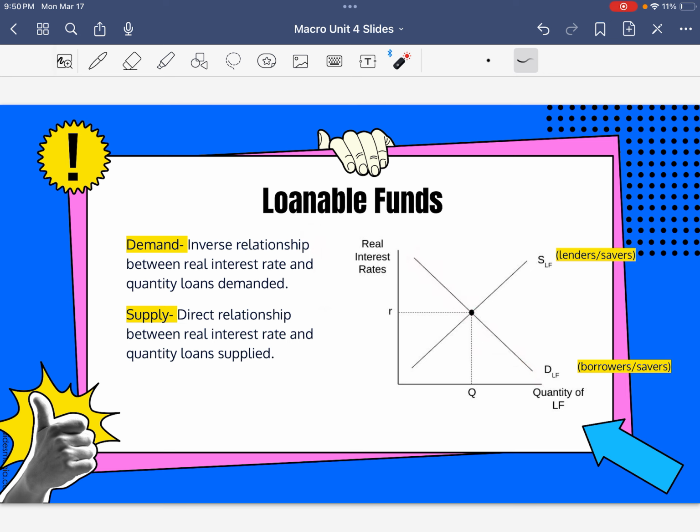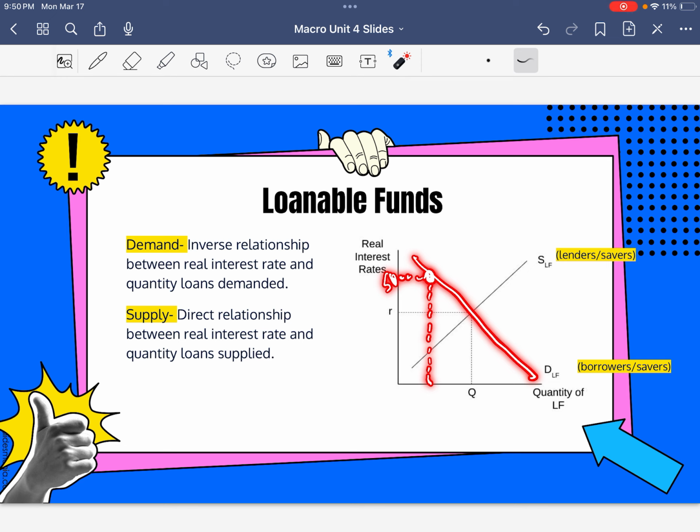So when I'm looking at just the demand curve, the higher the interest rate, let's say interest rate's up here, the lower the quantity of loanable funds that would be demanded, right? If there's an interest rate of 50%, ain't nobody going to take out any funds. So the demand for loans, the demand for loanable funds is not very high.